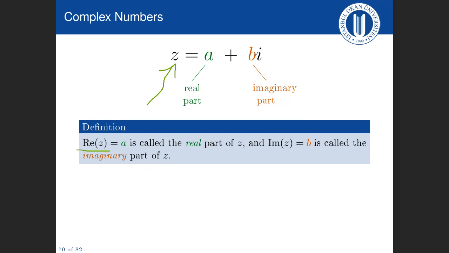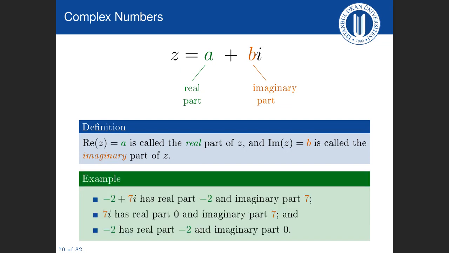And we write that as Im of z. So, for example, the complex number minus 2 plus 7i has real part minus 2 and imaginary part 7. The complex number 7i has real part 0 and imaginary part 7. And the complex number minus 2 has real part minus 2 and imaginary part 0.